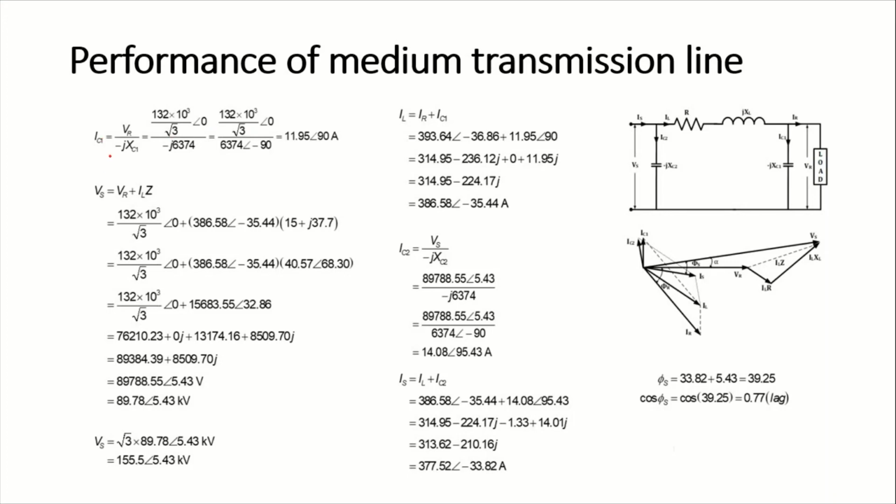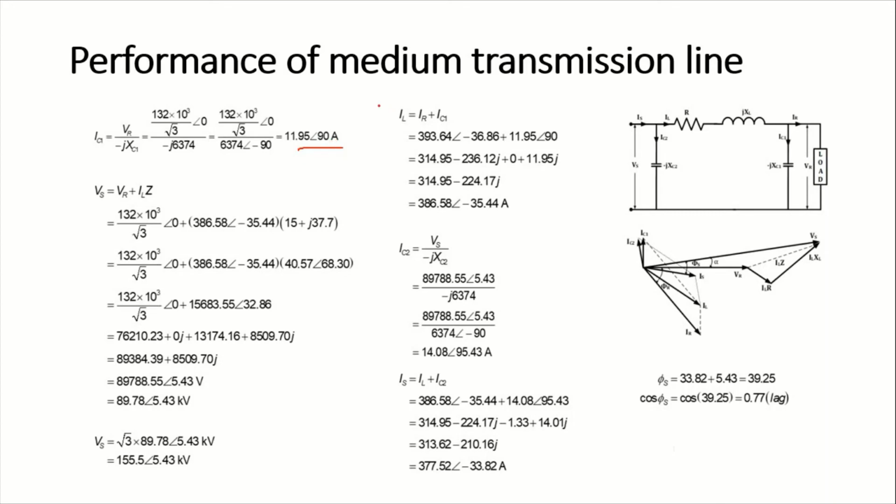So first find IC1, and the equation for IC1 is VR upon JXC1. Put in all the values that we already have. So the value of IC1 is 11.95 angle 90.8.